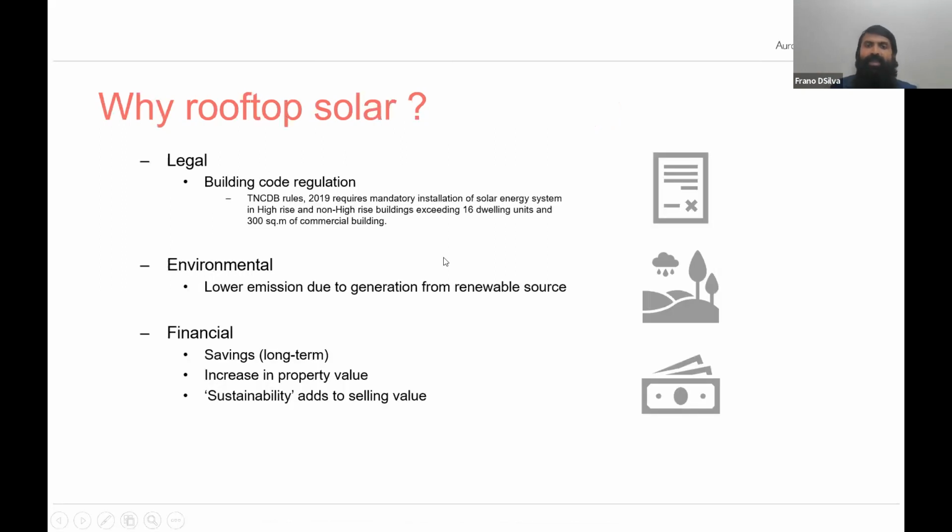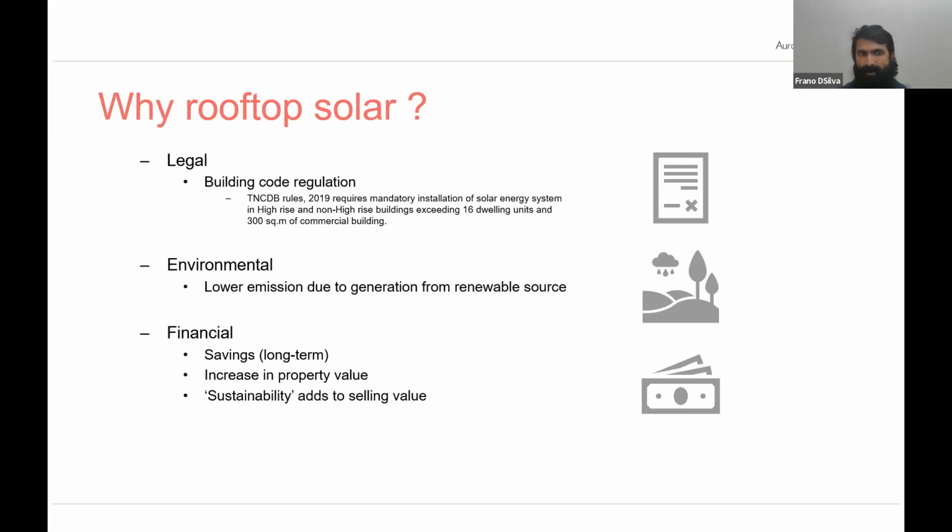So we agree with you when you say that you have the financial benefits, while I present you three main reasons that we could consider rooftop solar for our installation. The first one could be the legal requirement or a building code regulation.